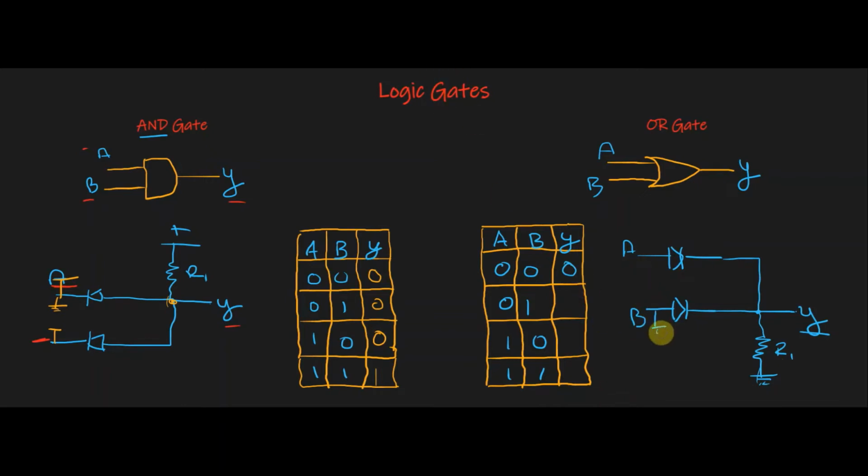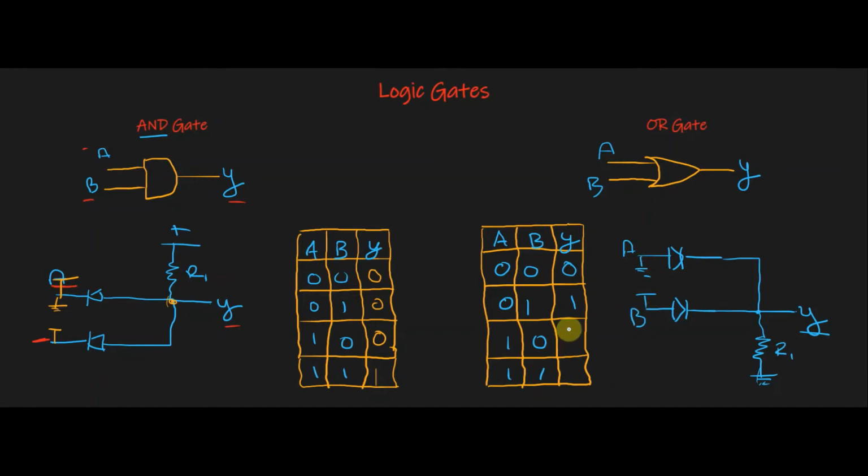But if we make A low, or 0, and we take B high to power, now this is really not doing anything because it's the same state as this, but we have power here, so we're going to have current flow this way. Because of this isolator, Y now will be a 1. Now if we reverse those, as we do in this third state, obviously it's going to be the same.